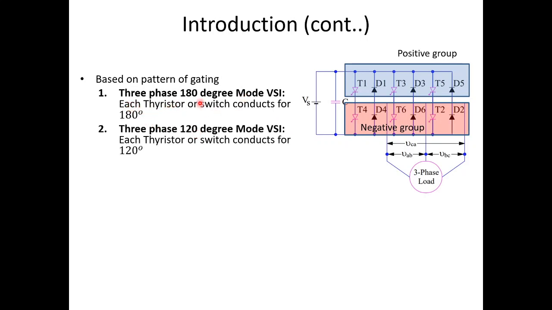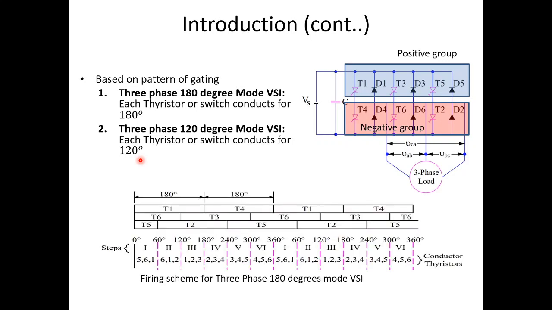In 180 degrees mode voltage source inverter, each switch conducts for 180 degrees. In 120 degrees mode operation, each switch conducts for 120 degrees. In this lecture our focus is on 180 degrees mode operation, so we discuss three-phase 180 degrees mode VSI.